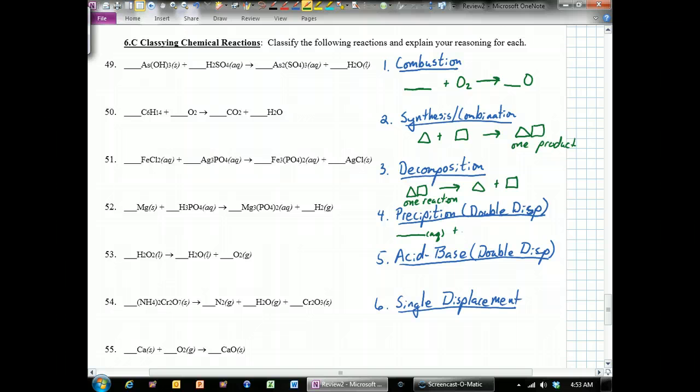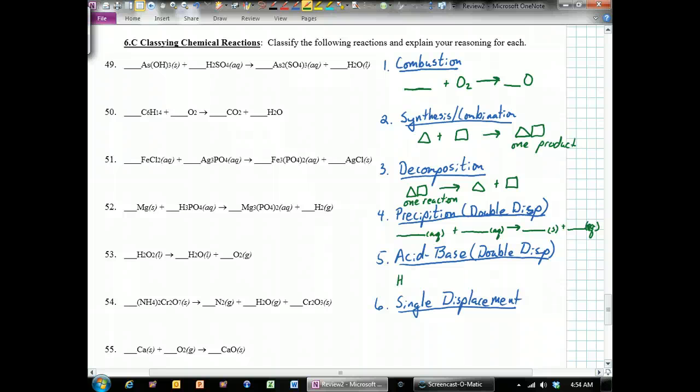What you look at is the states of matter. If you have two aqueous solutions that end up making something that's a solid, and the other is aqueous, AQ, then that's a precipitation reaction. And you can figure out the products because it's got a double displacement mechanism.